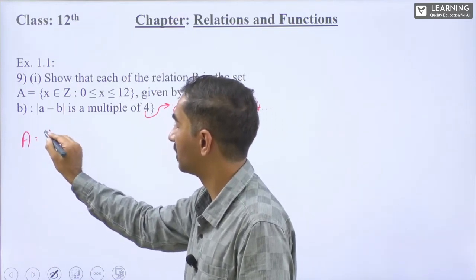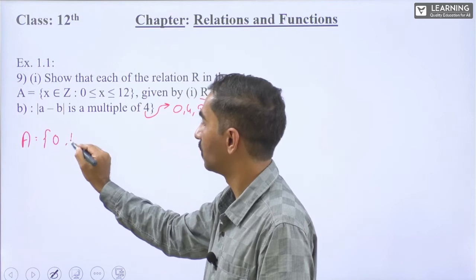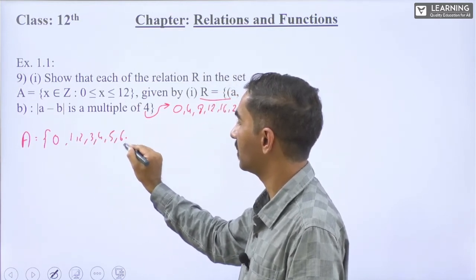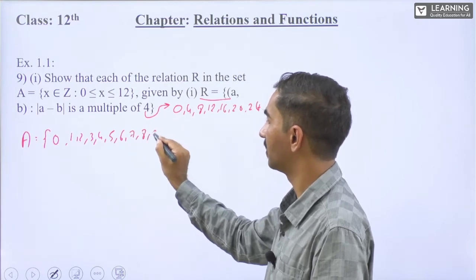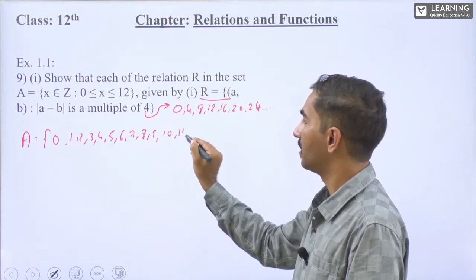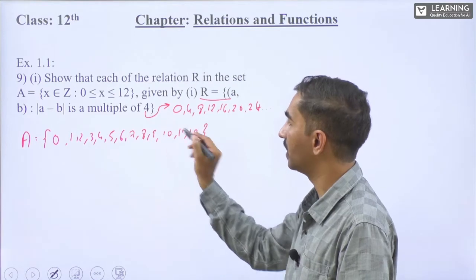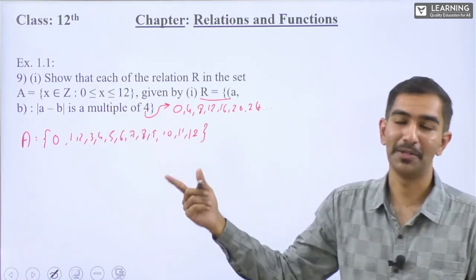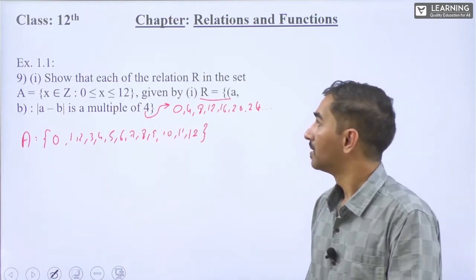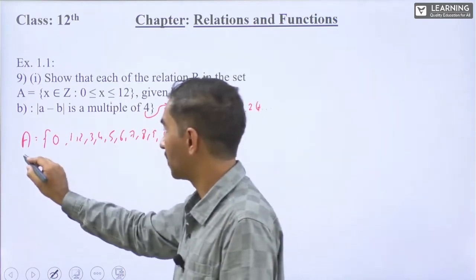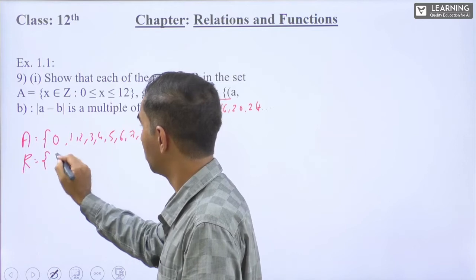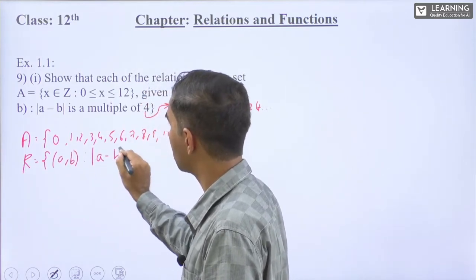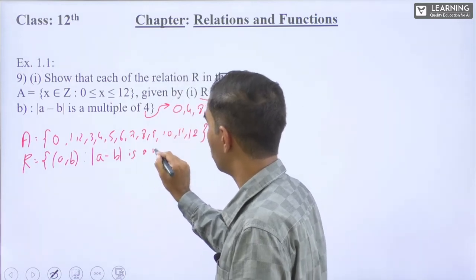Set A can be written as 0, 1, 2, 3, 4, 5, 6, 7, 8, 9, 10, 11 and 12. So relation also we'll write down here. The given relation R is equal to (a, b) such that mod of a minus b is a multiple of 4.